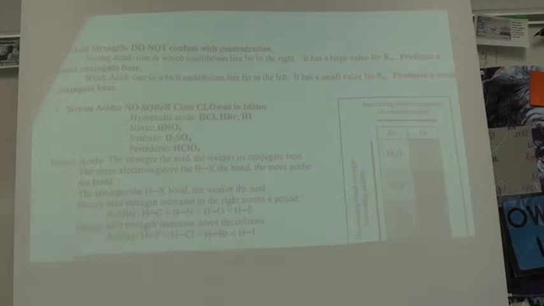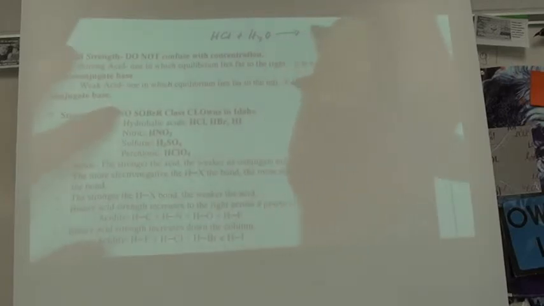A strong acid produces a weak conjugate base. Right? Yes. A strong acid produces a weak conjugate base. I'm going to write a Bronsted-Lowry equation here.